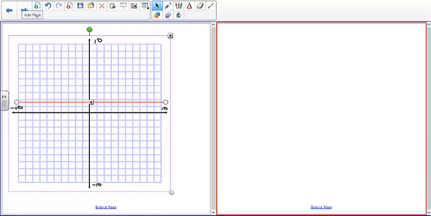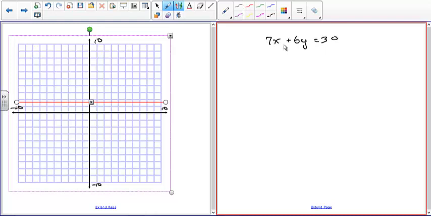Problem number 3. This equation is in what we would call standard form. That's when you have some constant times x plus some constant times y equals 30. It's really not in a form that helps you relative to plotting it. You could calculate the x and y intercepts from this form, or you could put it in slope-intercept form, so I'm going to do that.